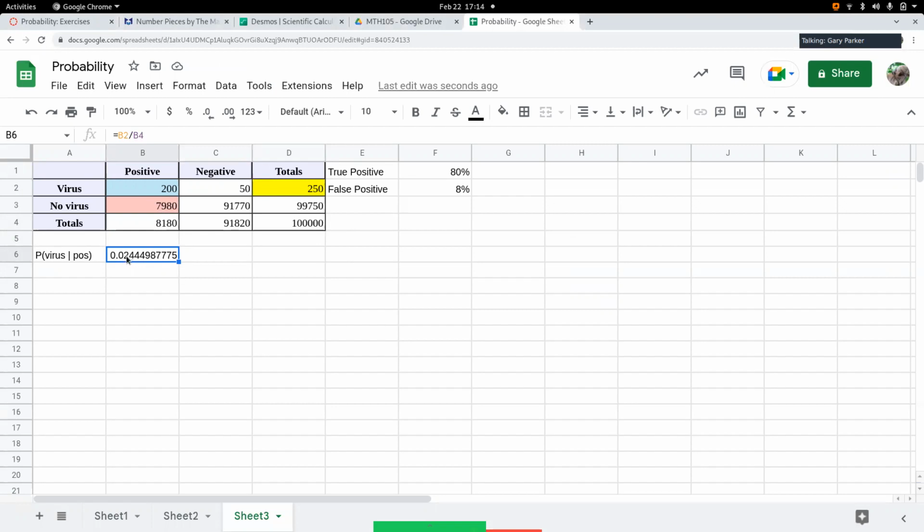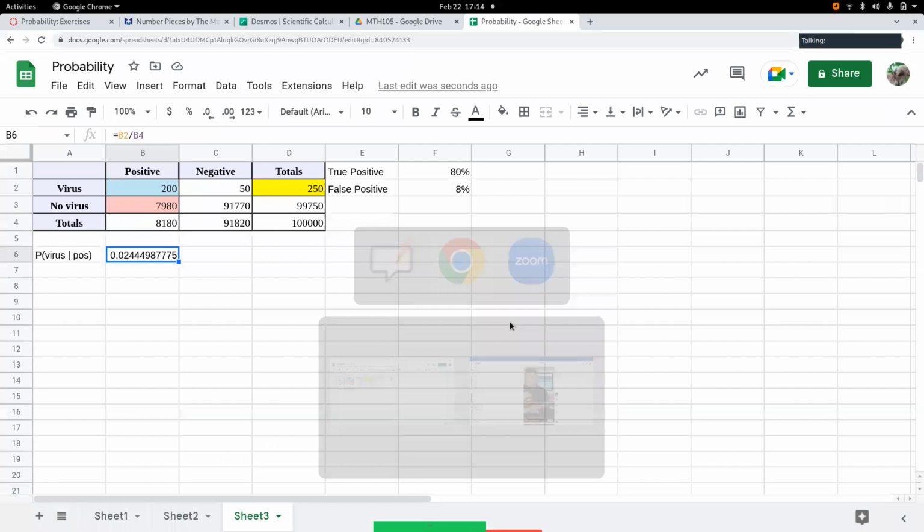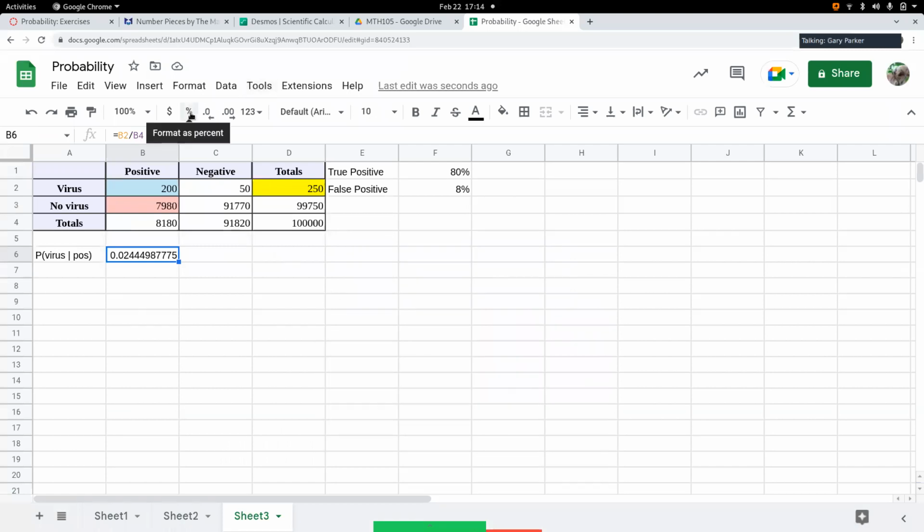As a percent, that would be 2% or 2.4% to the nearest tenth. This question asked for us to state the answer to the nearest hundredth of a percent. So we have a lovely convert to percent button, and by default, it does the nearest hundredth of a percent. So in my version, I have a 2.44% chance that somebody will have the virus knowing they tested positive.